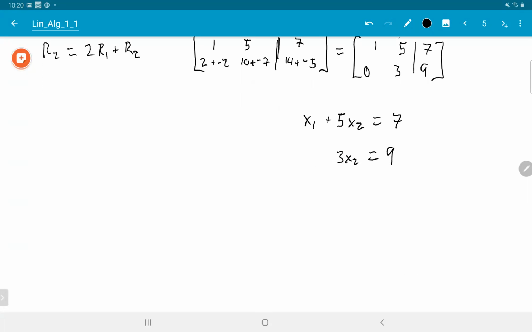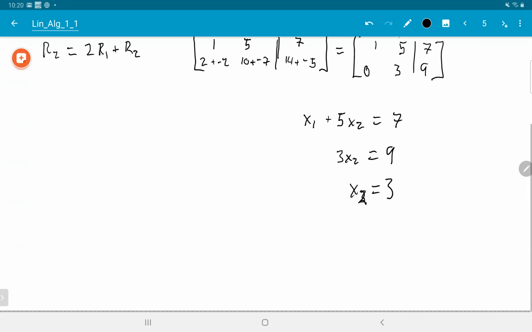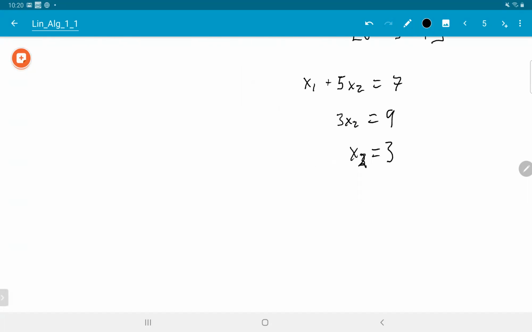So I can then easily see that x2 is equal to 3, and then I can plug that back into the first equation. So x1 plus 5 times 3 is equal to 7, and so x1 plus 15 equals 7, and then we have x1 is equal to -8.